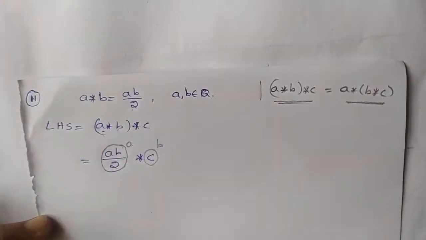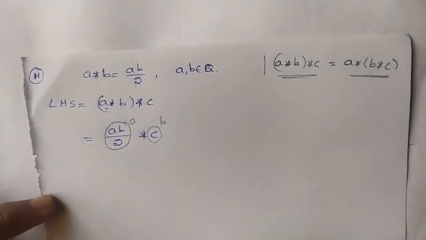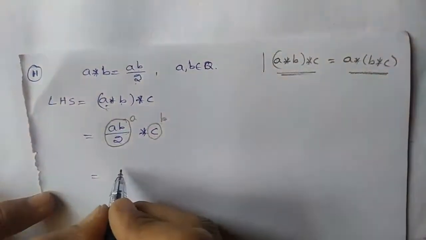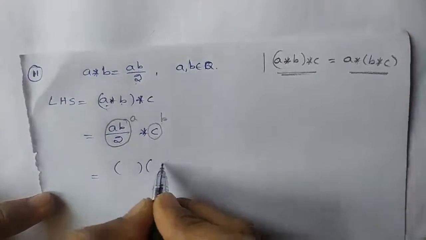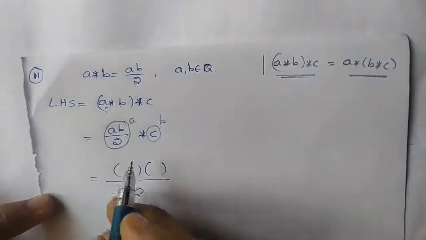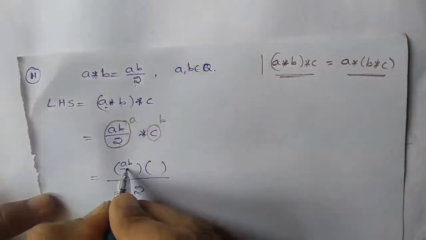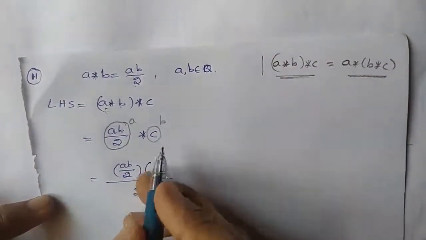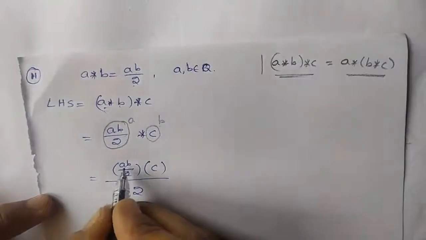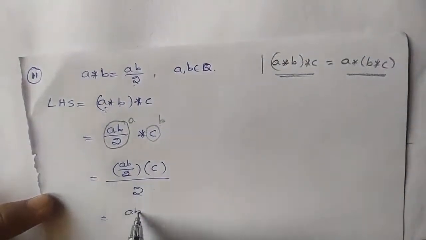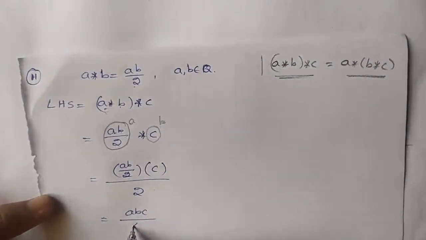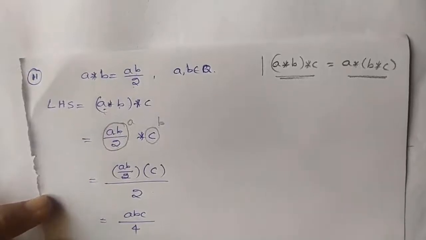So AB by 2 times C, divided by 2. Let us simplify: ABC divided by 2 into 2 is 4. That is the LHS part.